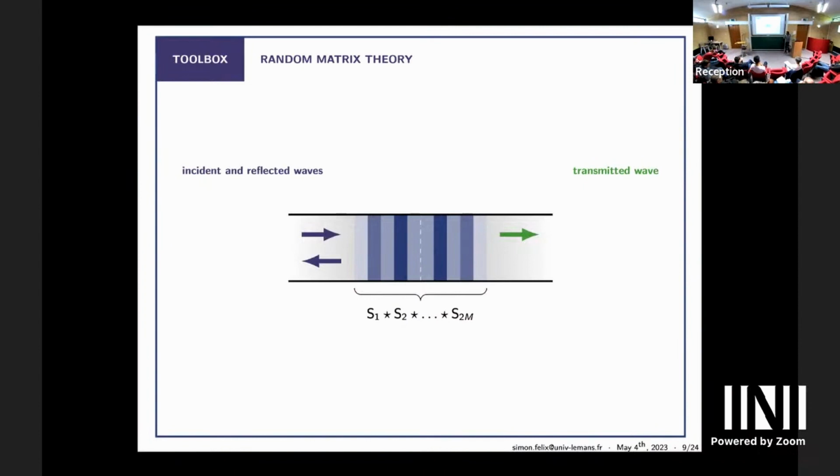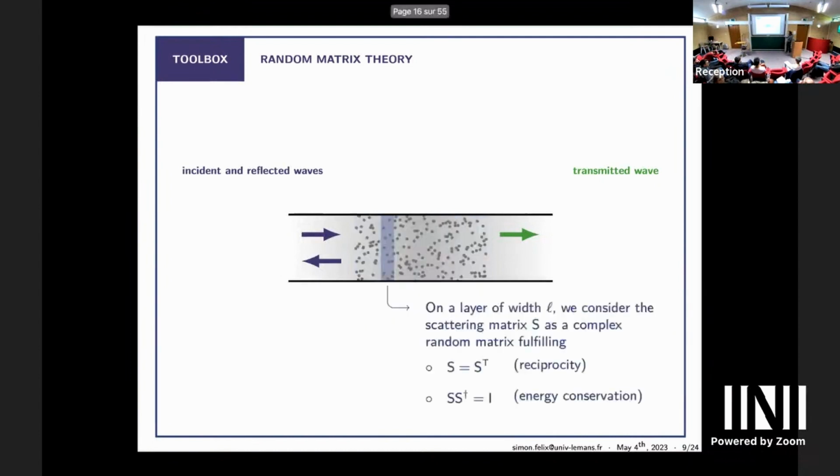It's not detailed here, but these rules are easy to find by writing mode matching. It's mimicking somehow the layer by layer structure you had before. The product exactly calculates the scattering matrix of the ensemble. The only approximation made here is that we describe this with random matrices instead of really solving.